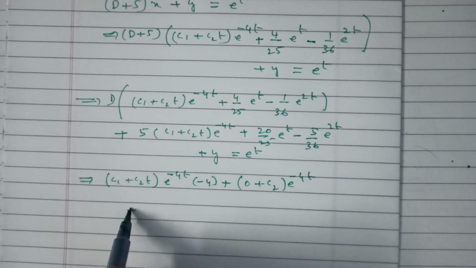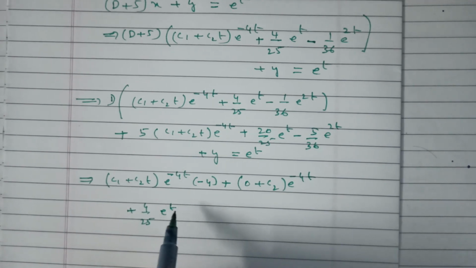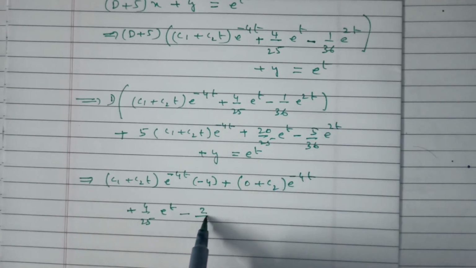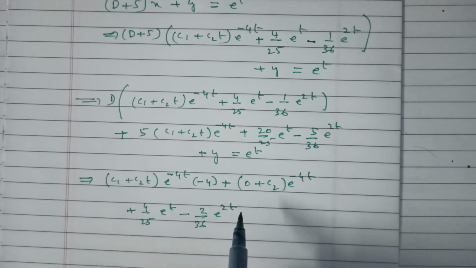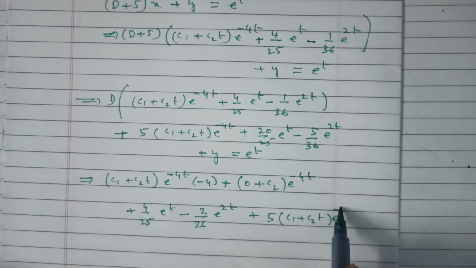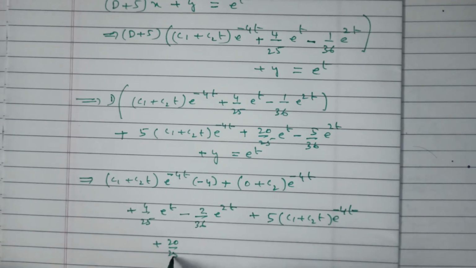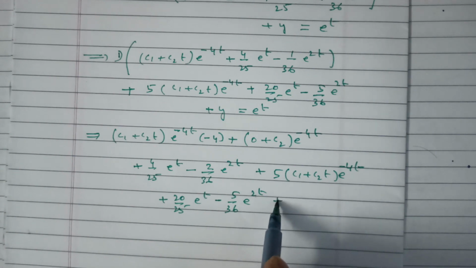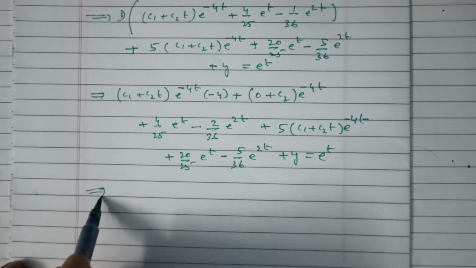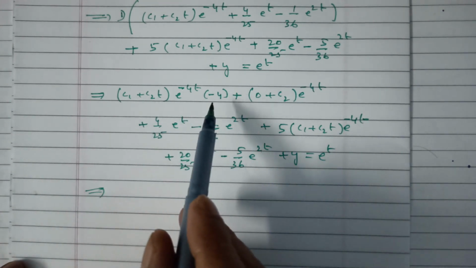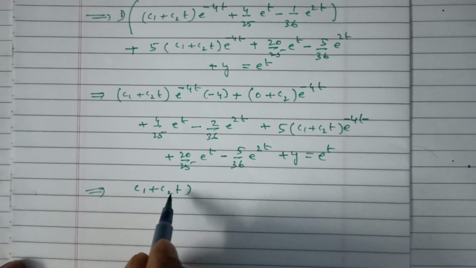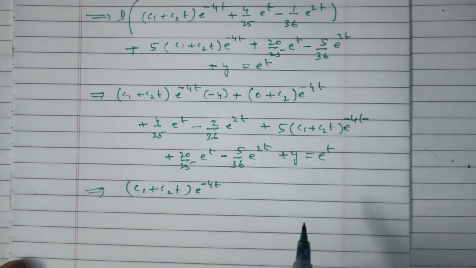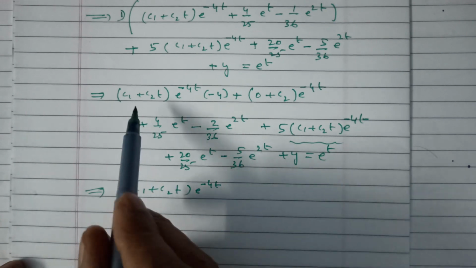Next differentiation plus 4 by 25 e power t minus 2 by 36 e power 2t plus this one 5 into c1 plus c2t into e power minus 4t plus 20 by 25 into e power t minus 5 by 36 into e power 2t plus y is equal to e power t implies, so 5 times of this is minus 4 times, it is remaining c1 plus c2t into e power minus 4t.